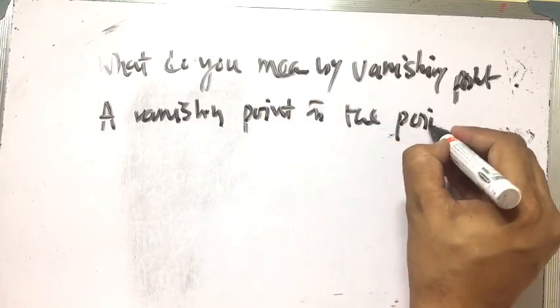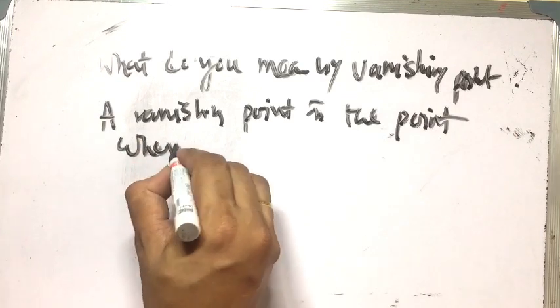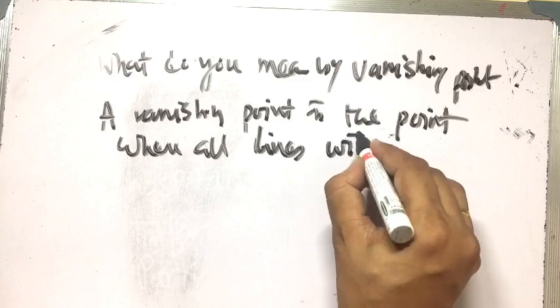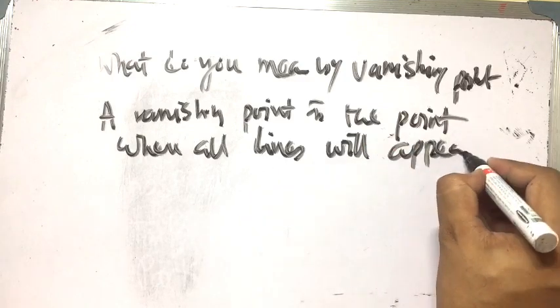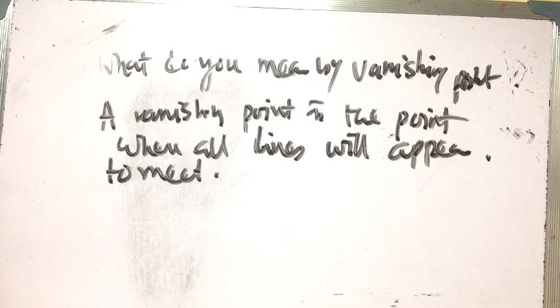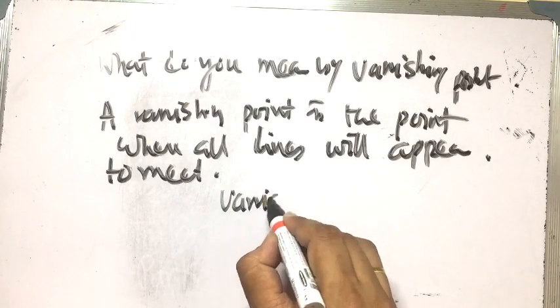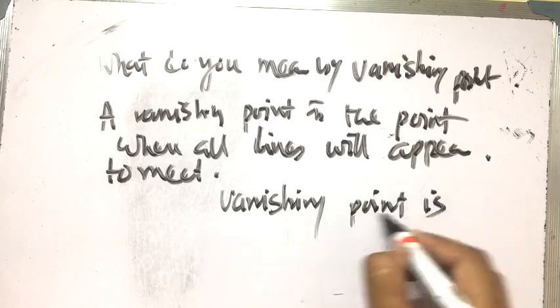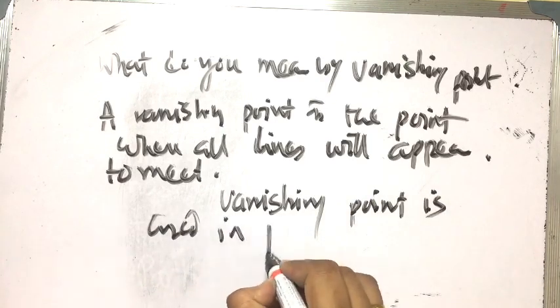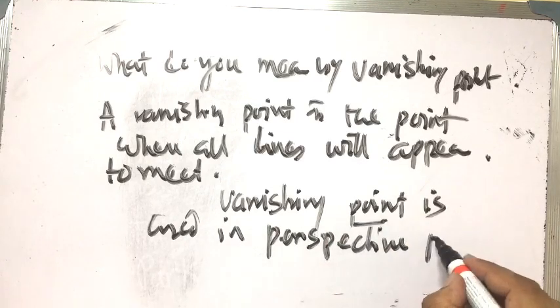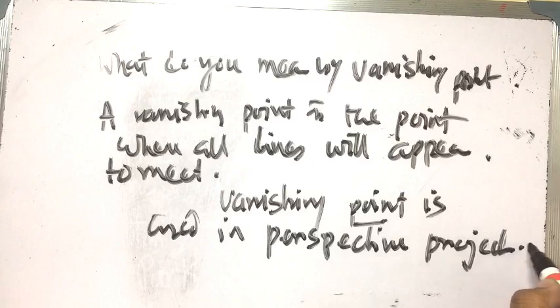A vanishing point is the point where all lines will appear to meet. Vanishing point is mainly used in perspective projection.